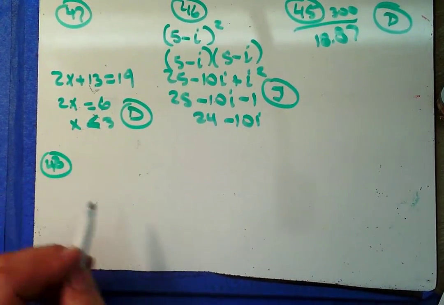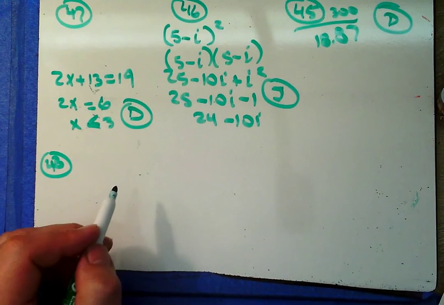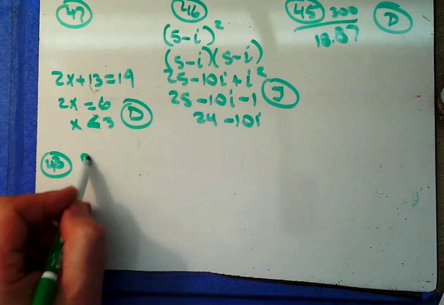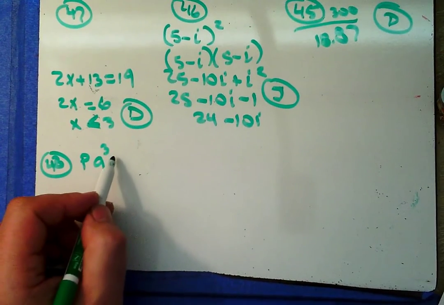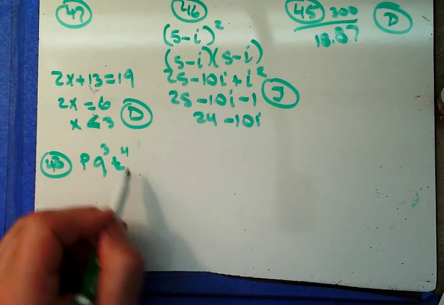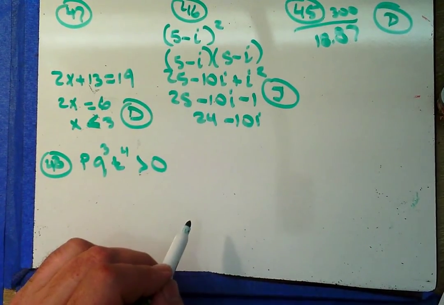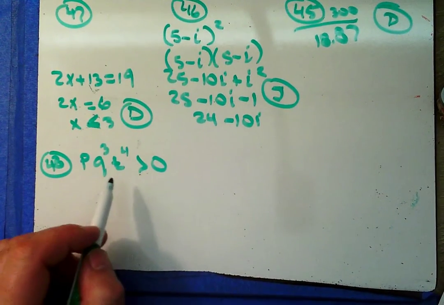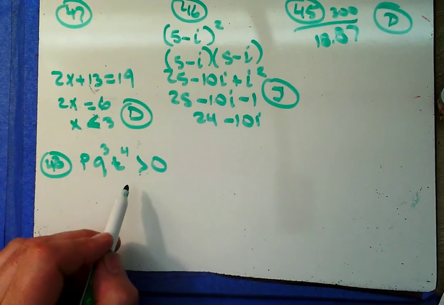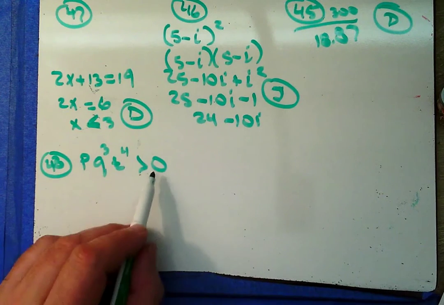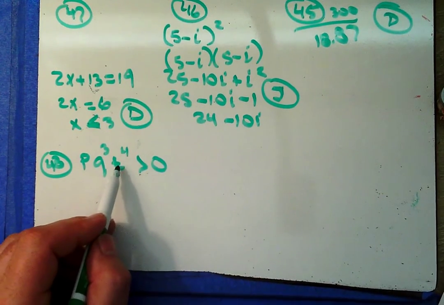48. Okay, 48 says p q to the third t to the fourth is greater than 0. If we're multiplying these three things together, we know greater than 0 is positive. t to the fourth is always positive.